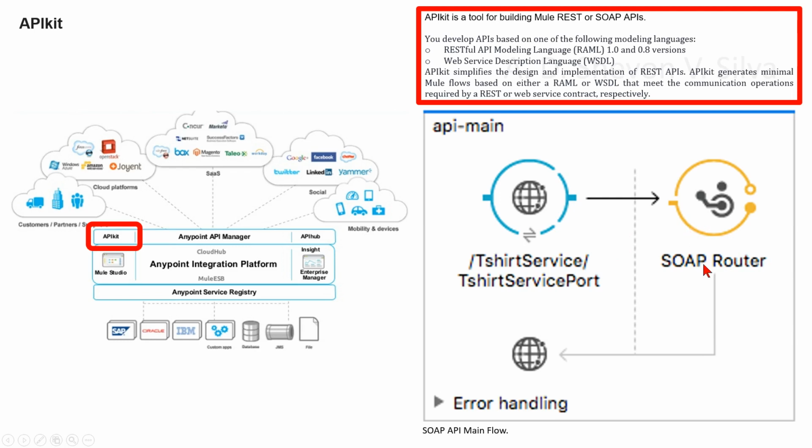The main flow typically consists of HTTP listener and SOAP router components. Here you can see the /t-shirt service, /t-shirt service port. It's connected to the SOAP router, and it is connected to here, and you can see the error handling here.